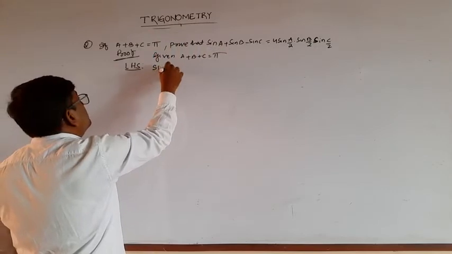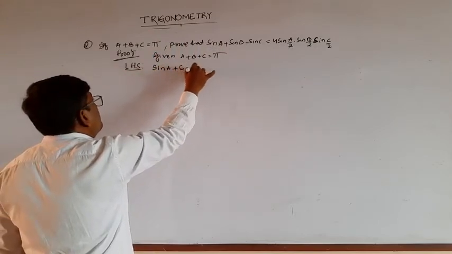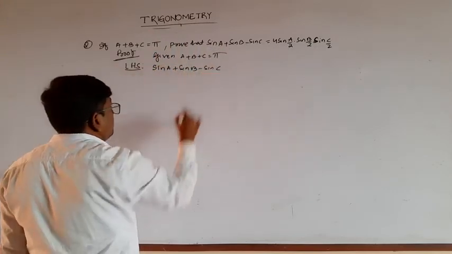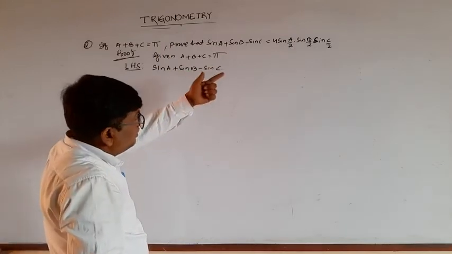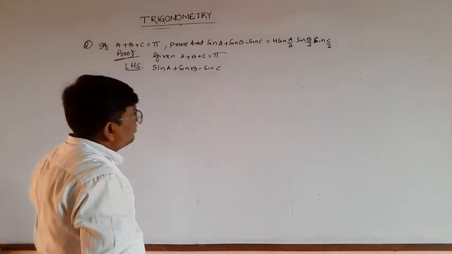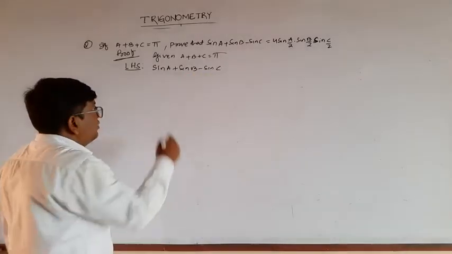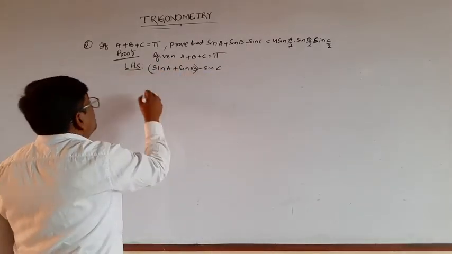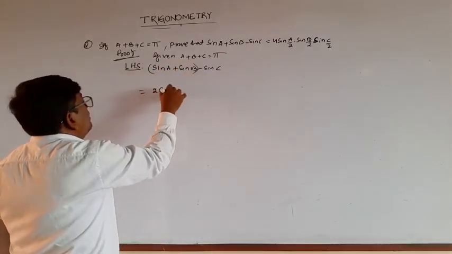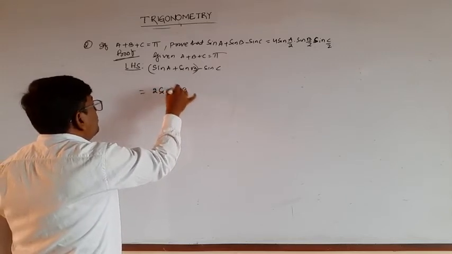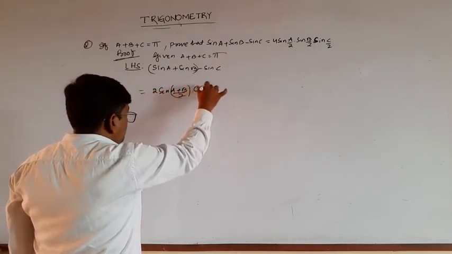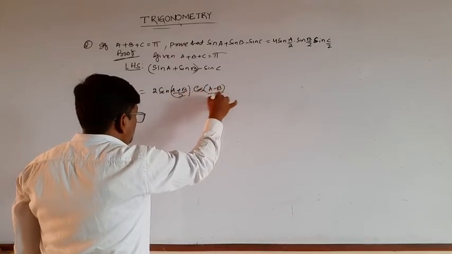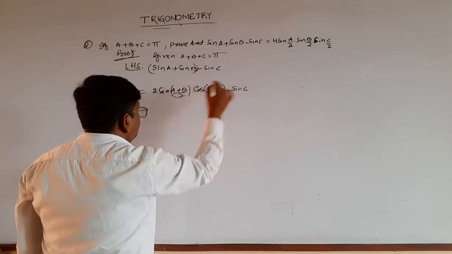Left hand side is sin A plus sin B minus sin C. The right hand side contains the A by 2, B by 2, C by 2 form. So apply the CD formula. So this is 2 sin ((A plus B) by 2) into cos ((A minus B) by 2) minus sin C.